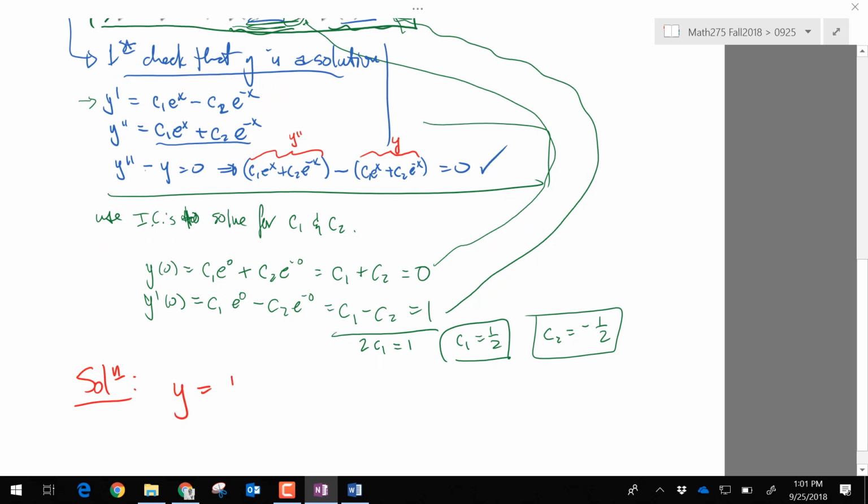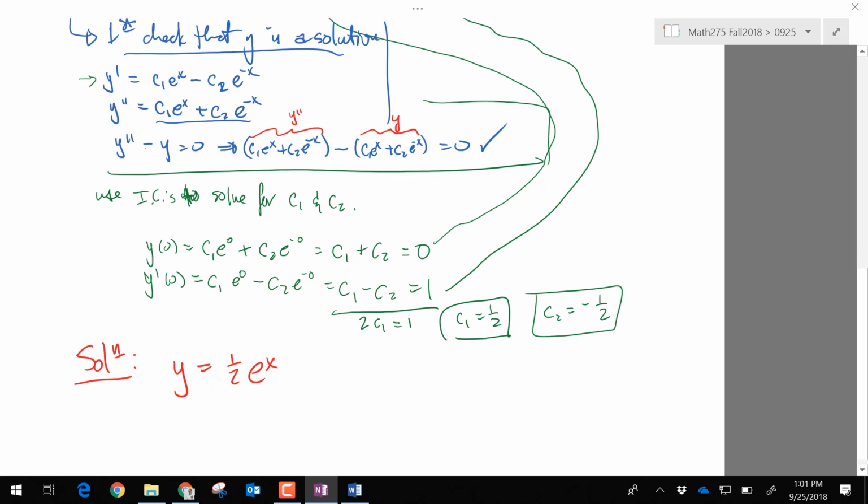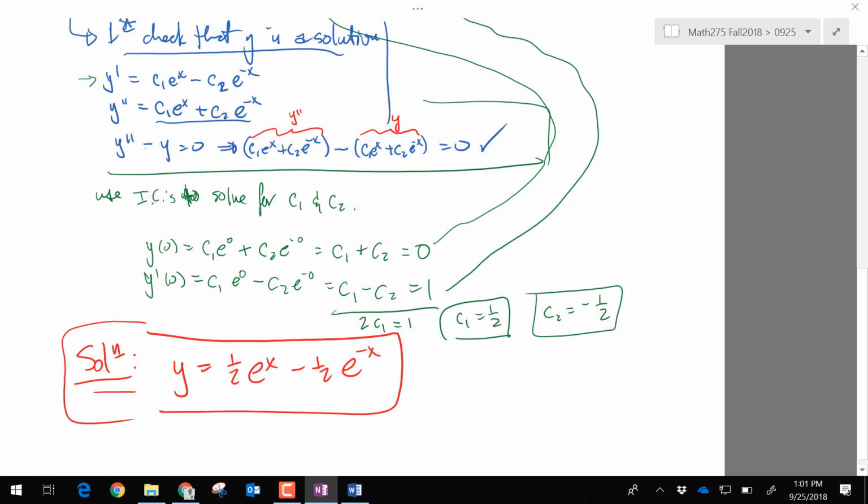So C1 is 1/2 e to the x plus C2, negative 1/2 e to the negative x. Okay, that's it. So this is our unique solution that exists for this particular initial value problem.